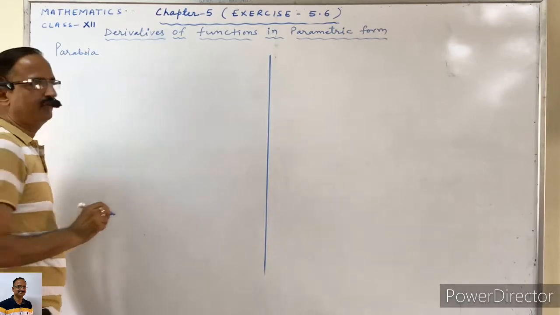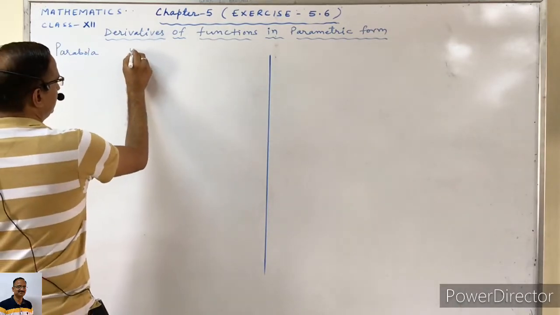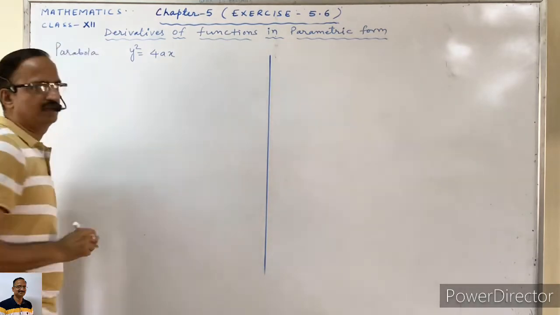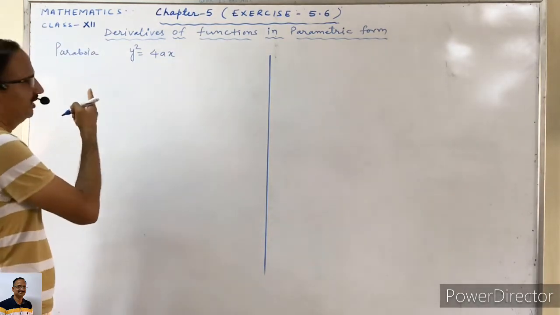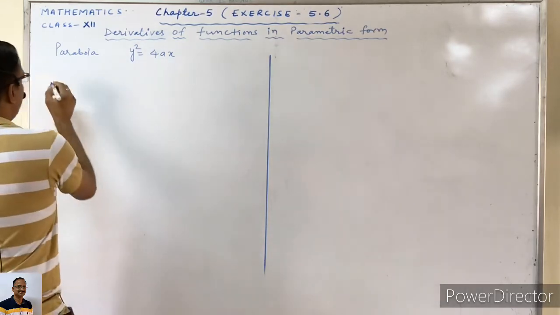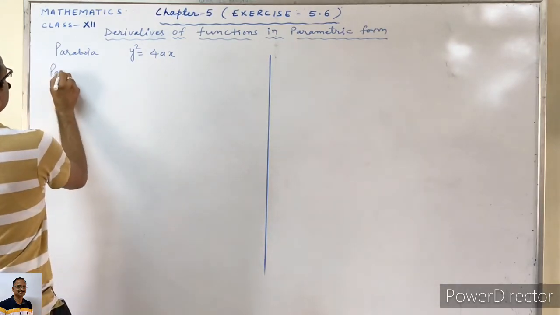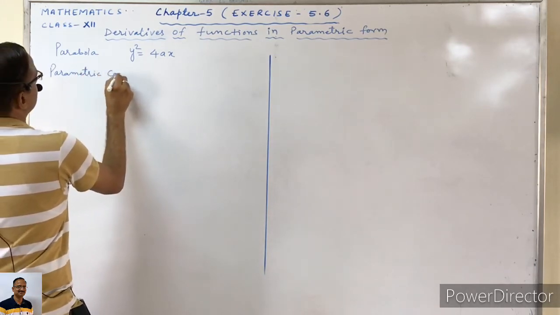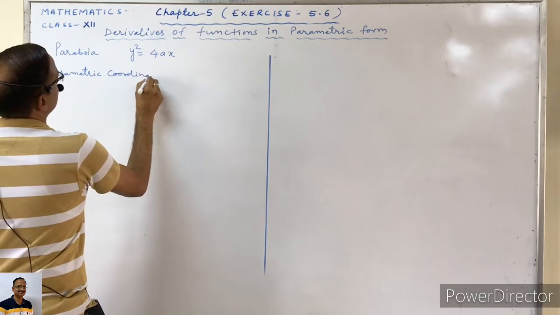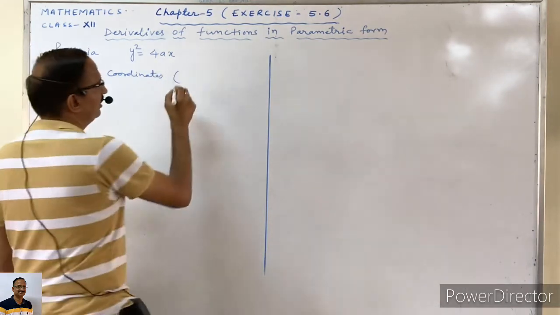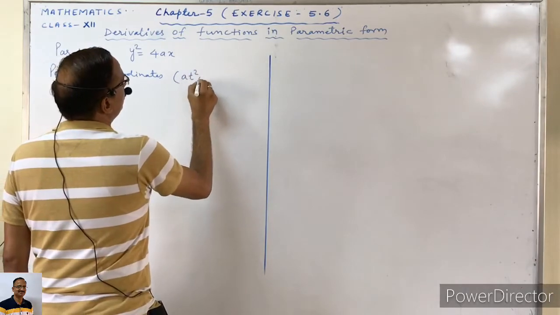The equation of parabola in standard form is y square equals to 4ax. Now, the parametric coordinates of these equations are at square, 2at.